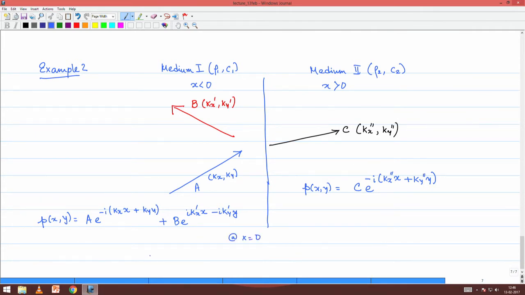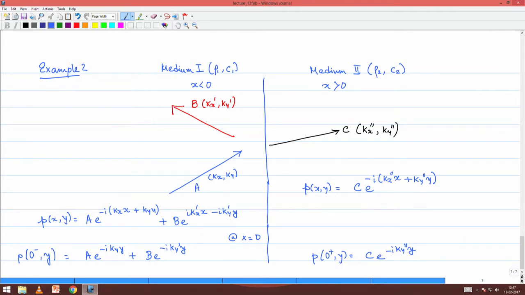At x equals 0, the pressure p of 0 minus comma y from the negative side has to be A e to the power minus i k y y plus B e to the power minus i k y prime y, and from the positive side it has got to be C e to the power minus i k y double prime y, right.